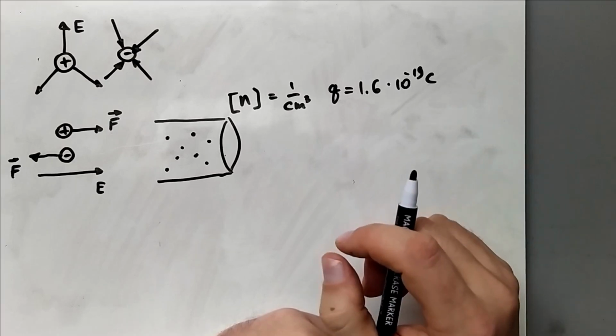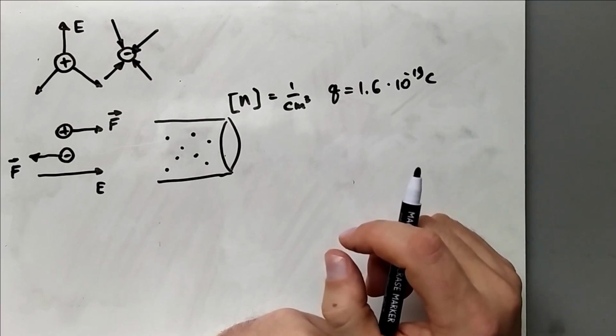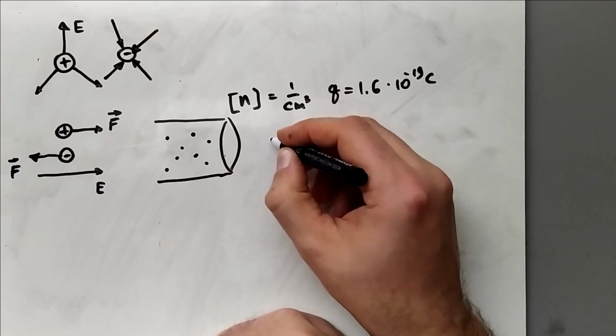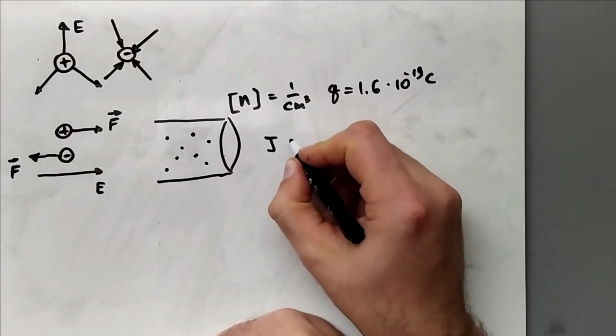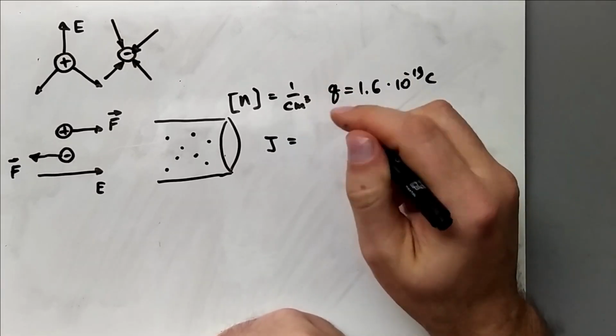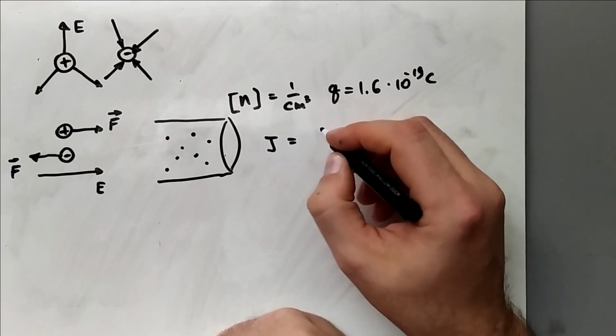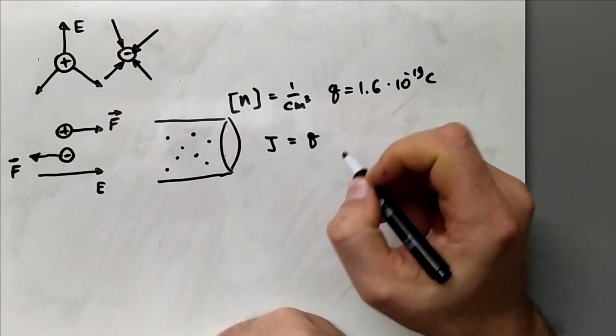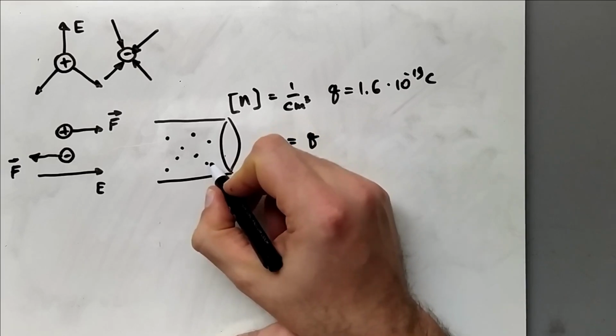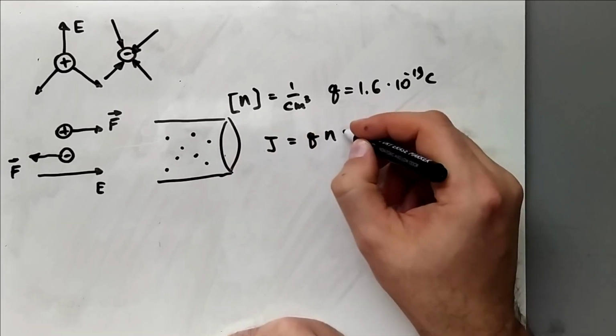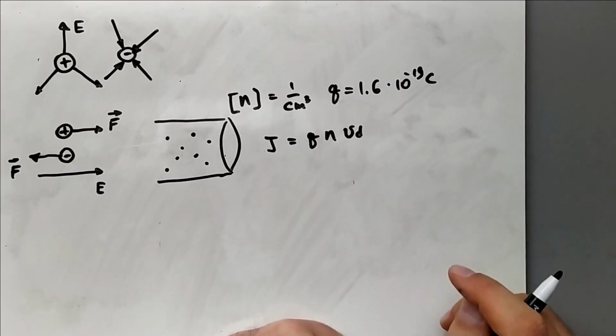And how do we define electric current density, which is J? That is equal to elementary charge Q times N times V drift.